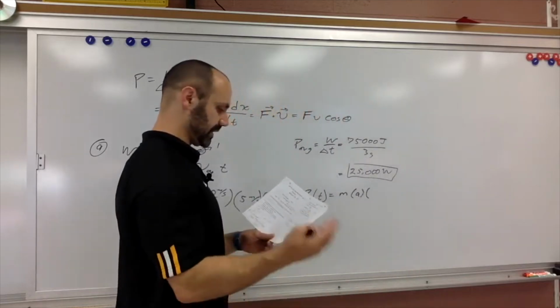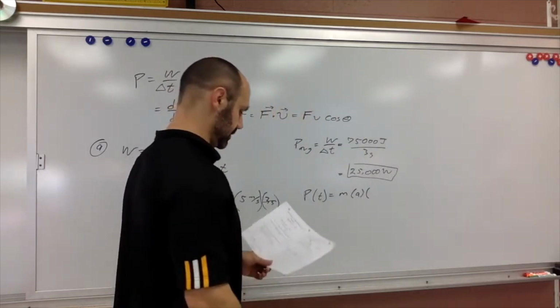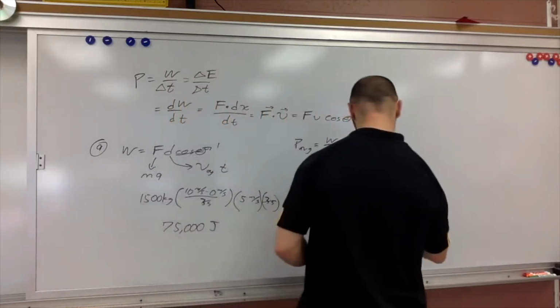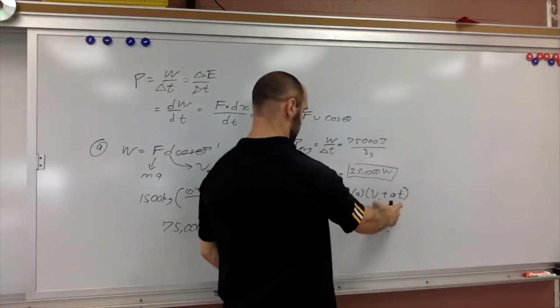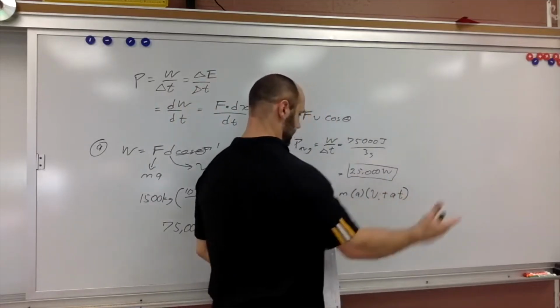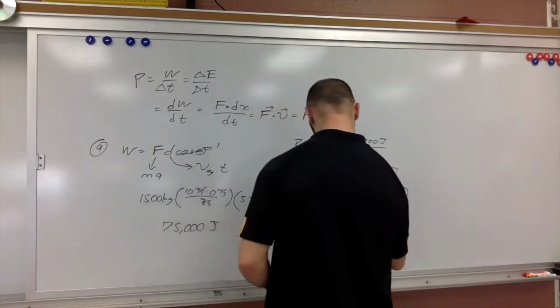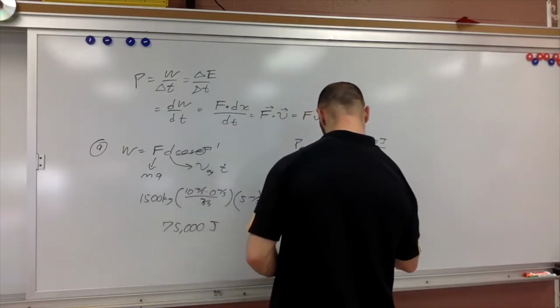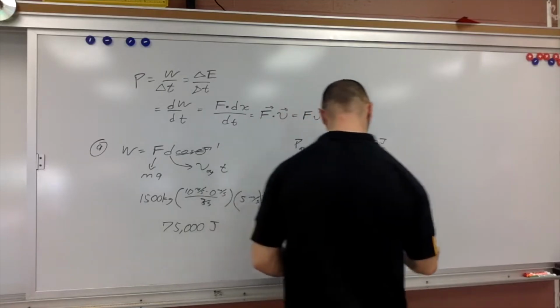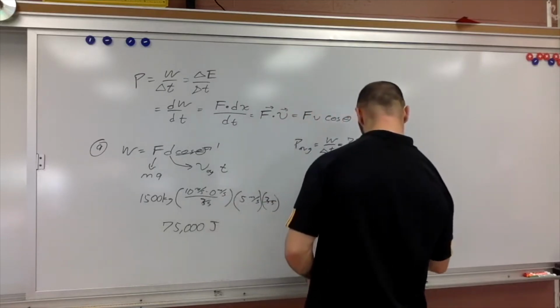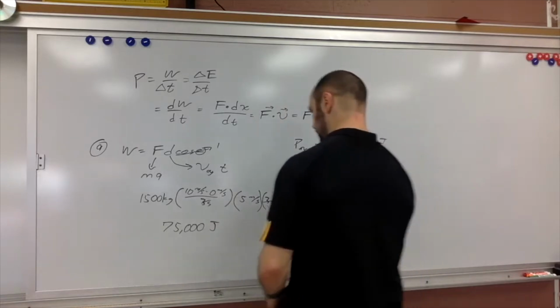Now we want to know what that final velocity is. So we're going to use V initial plus AT to figure out what the velocity is at that point. And then this is force times the velocity at that point. So M is 1,500 kilograms. The acceleration, same thing we figured out before, 10 over 3.